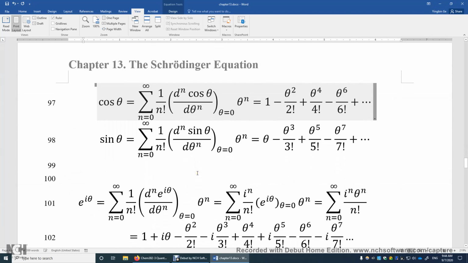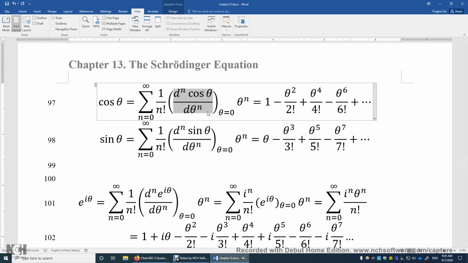Now let me give you 3 examples. Cosine theta, we can expand cosine theta this way. Over here, this is the nth derivative of cosine theta. The first derivative is, of course, negative sine theta. The second derivative is negative cosine theta.